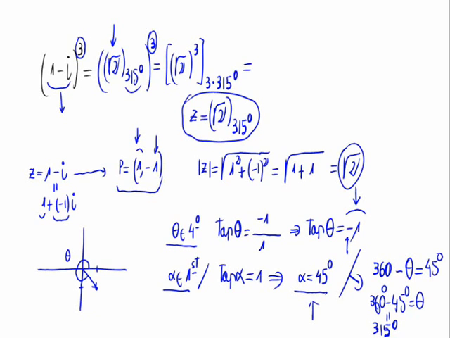So this would be the square root of 2 cubed, and this is the same as the square root of 8. And now the square root of 8 sub 3 times 315, which is equal to 945 degrees.